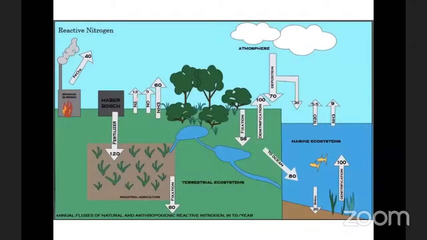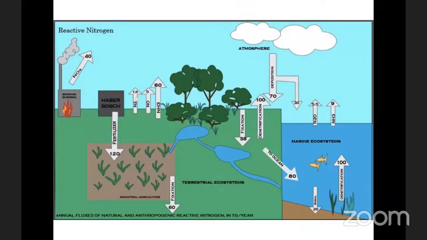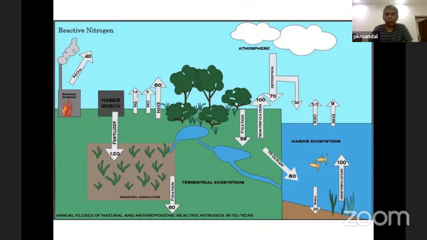Okay. So now coming to this, basically I am talking about nitrogen, and all of us have studied, whether we are in science or arts, because up to matriculation we all had to study science, and in that, the nitrogen cycle, all of us know. Here the numbers are teragram per year of what is happening with nitrogen.